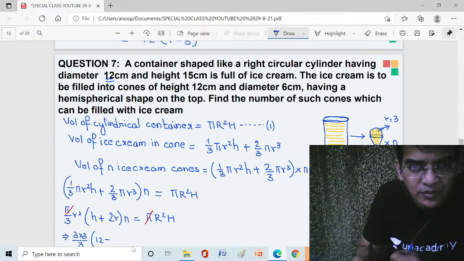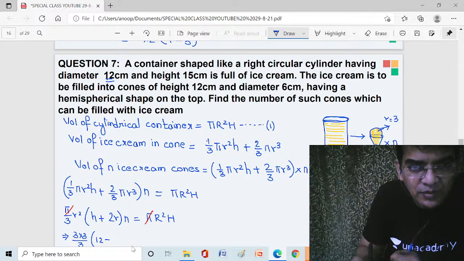So finally we can say that the number of ice creams will be 2 into 5, that is 10. So the question says find the number of such cones. We have considered the number of cones as n. So 10 cones will be filled. Hope this is clear to you now.